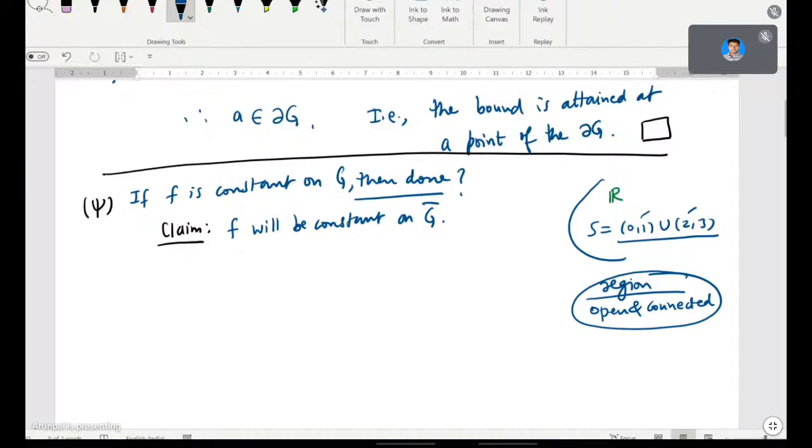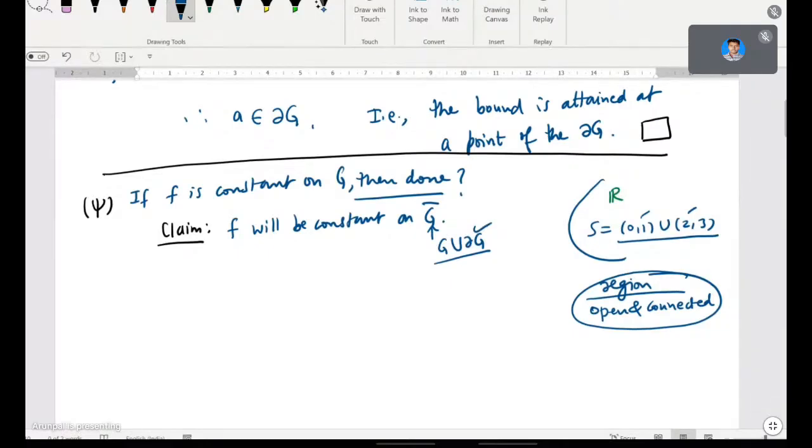Because f is constant, at every point it is attaining its bound. In particular at the boundary points, because G bar includes G as well as the boundary. So the discussion will be trivial. It will attain its bound trivially at the boundary points.